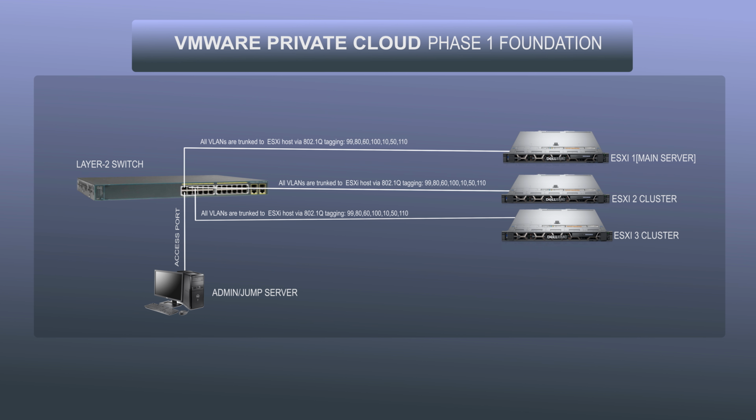virtual machines. But here is the important part. Even though this port is in access mode, VLAN 110 itself is also carried on the trunk ports to the ESXi host. Why? Because VLAN 110 will also exist inside VMware as a logical management VLAN.